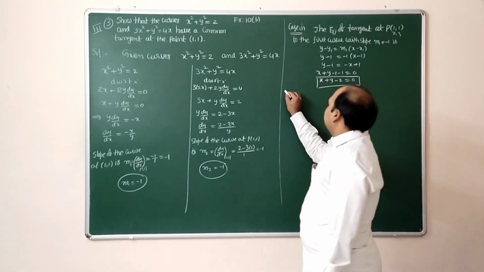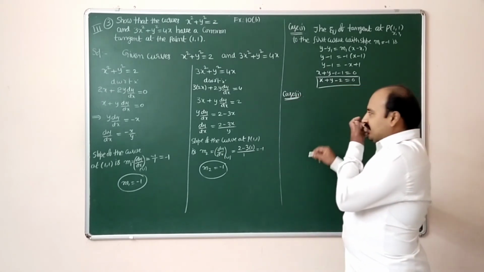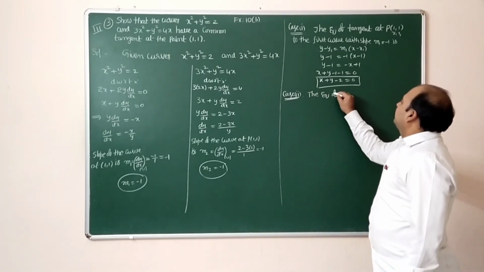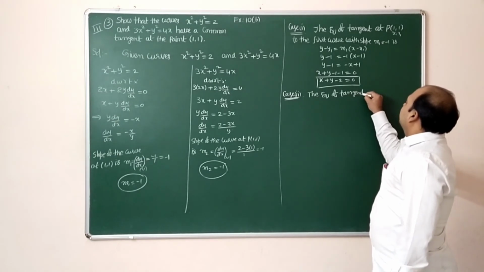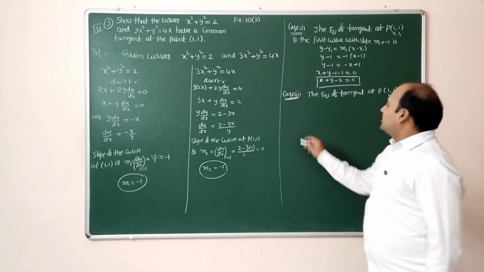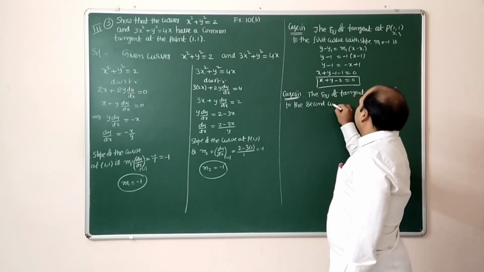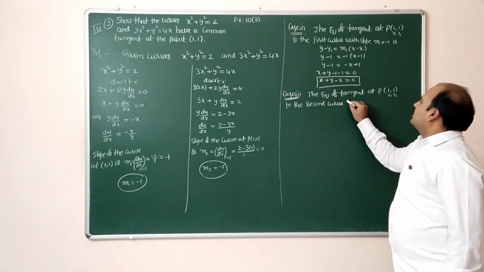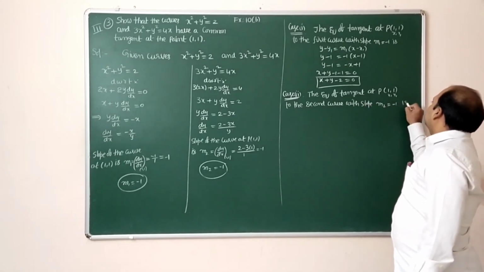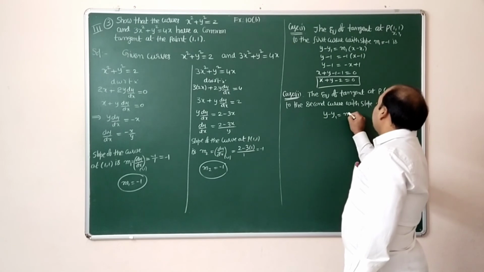Come to the second case. In case 2, the equation of tangent at P of 1 comma 1 to the second curve with slope m2 equal to minus 1 is, same formula, y minus y1 equal to m2 into x minus x1.